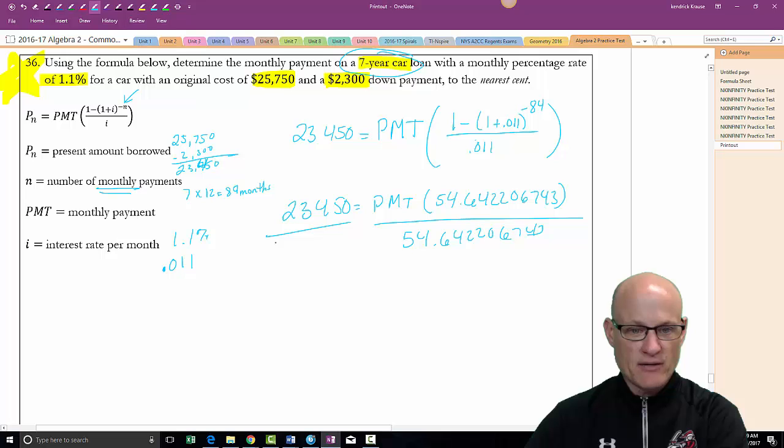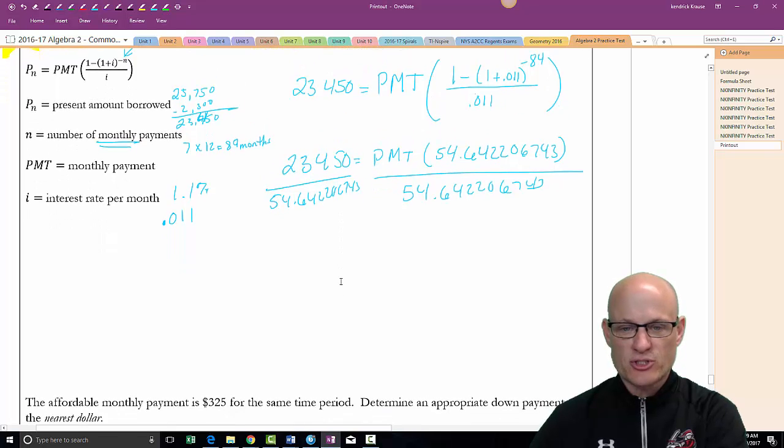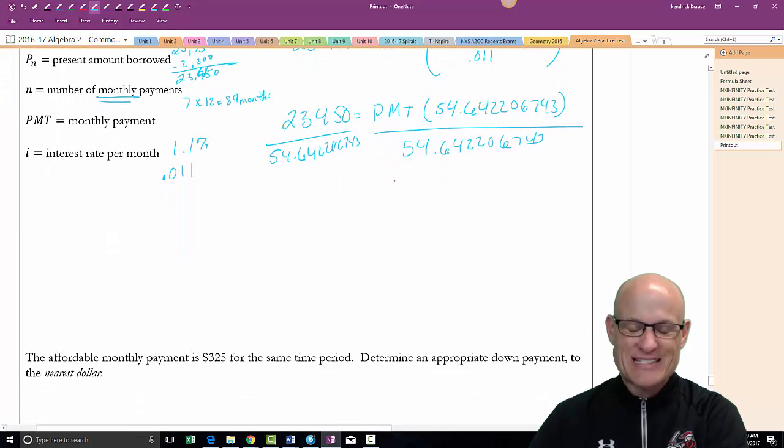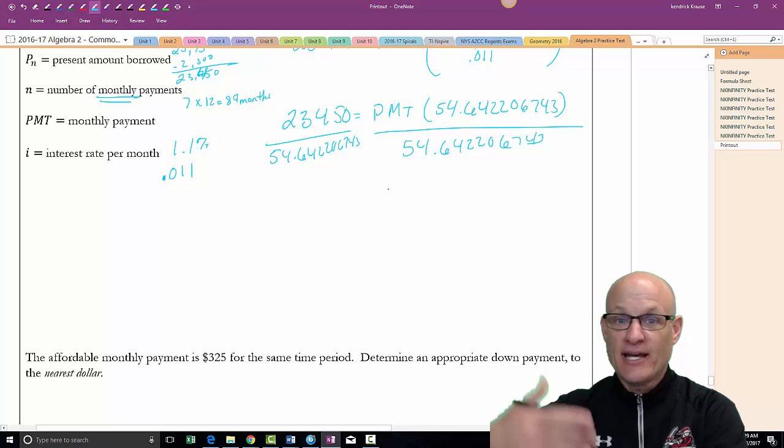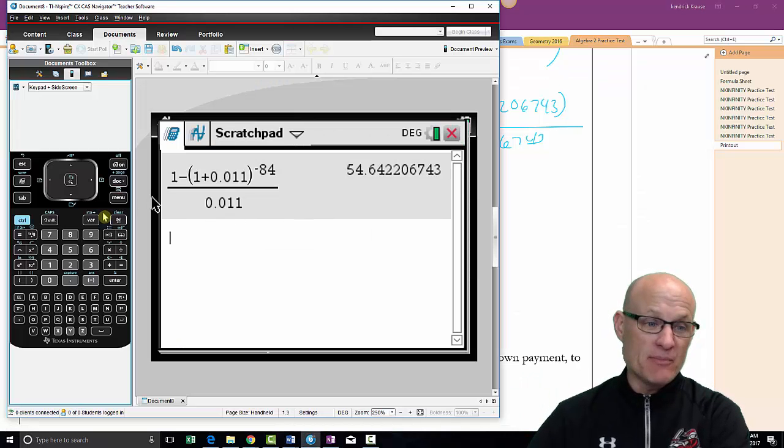The reason you want to show this work is because you're showing in between correct parts of the problem, and if you get those right but maybe miss the final answer, you can still get credit.